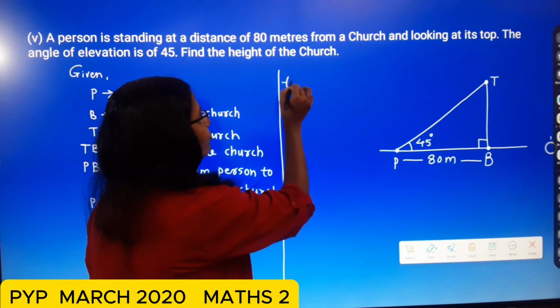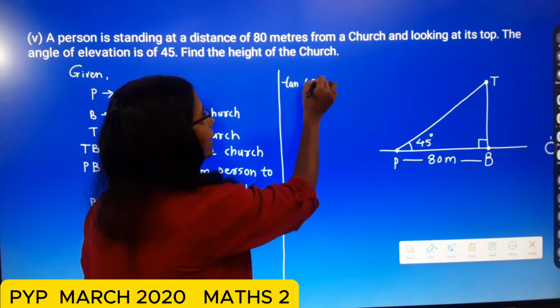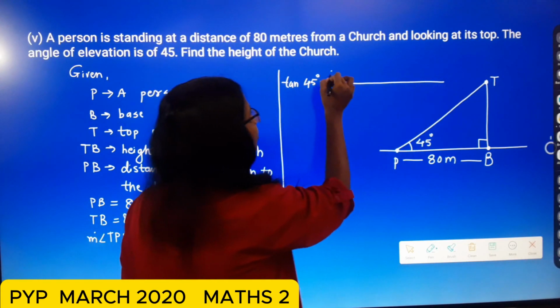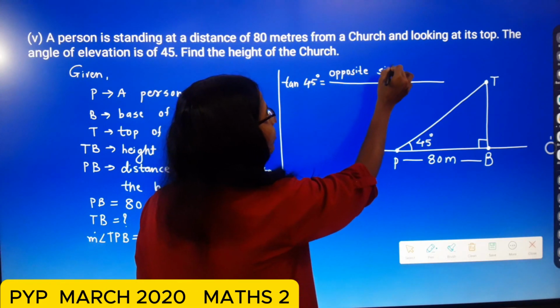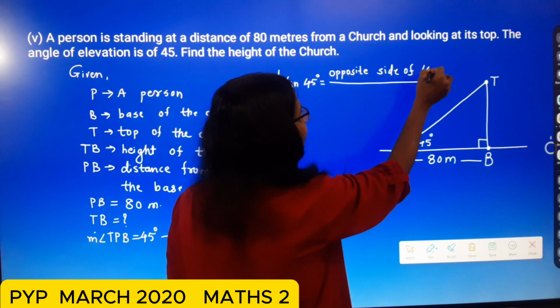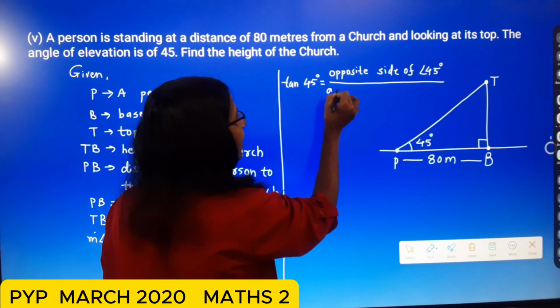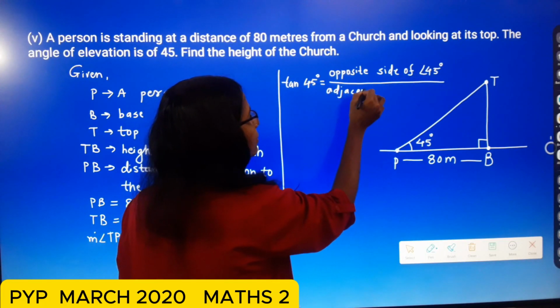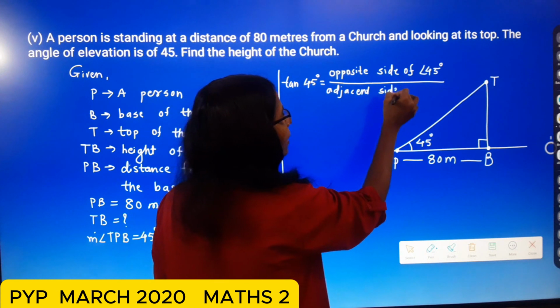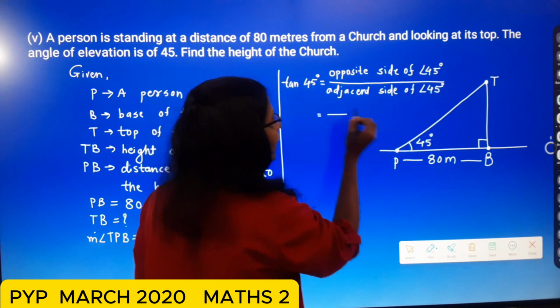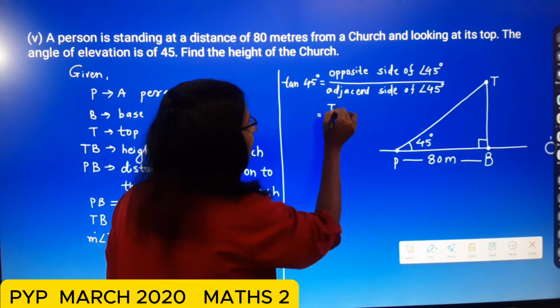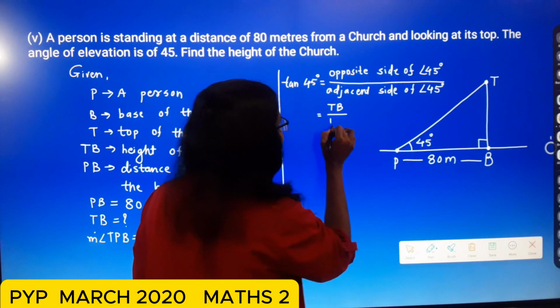So tan 45 degree is equal to the opposite side of angle 45 degree divided by the adjacent side of angle 45 degree. The opposite side of angle 45 is TB, and the adjacent is PB.